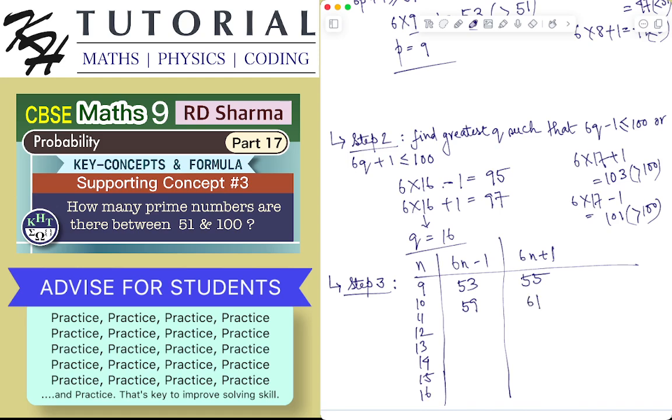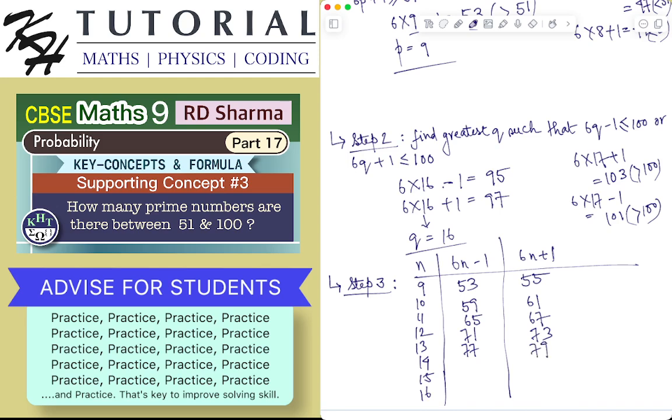For 11, it is 66, 65, 67. For 12, it is 72, 71, 73. For 13, it is 78, 77, 79.